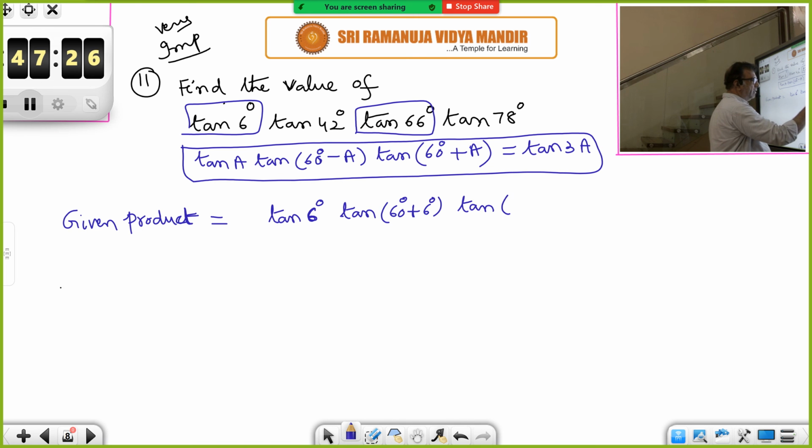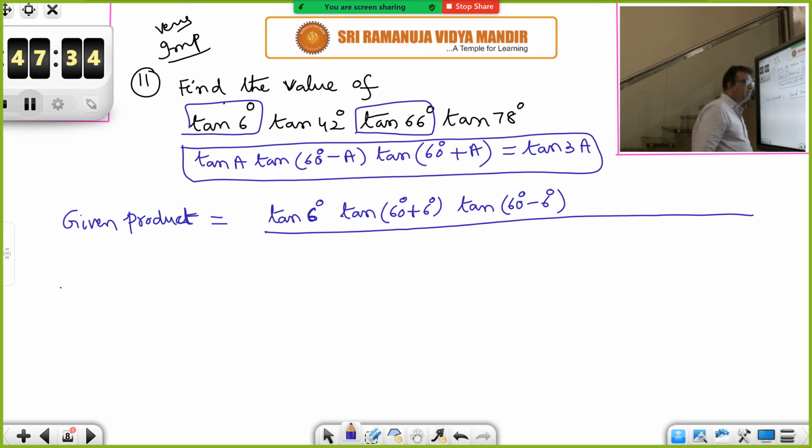Tan 60 minus 6, it is not there actually. Tan 60 minus 6 is equal to how much? Prabhas? 60 minus 6 is equal to how much? Sai Vardhan, please reply. 54. Tan 54. That means I have multiplied and divided by tan 54 because it is not there. I am adjusting. Next remaining, tan 42 is there, tan 78 is there.